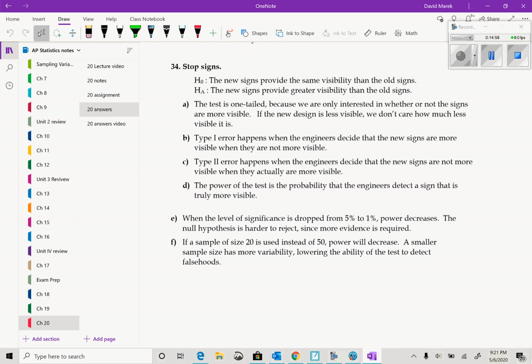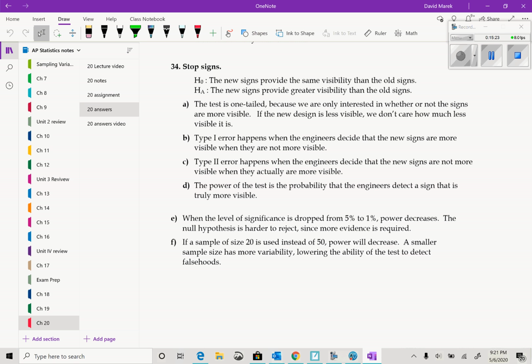That sample could have wider variability. P-score is going to go up. We're in danger of making that type 1 error again. That lowers the ability of the engineers here to make the right decision to avoid one of those falsehoods.